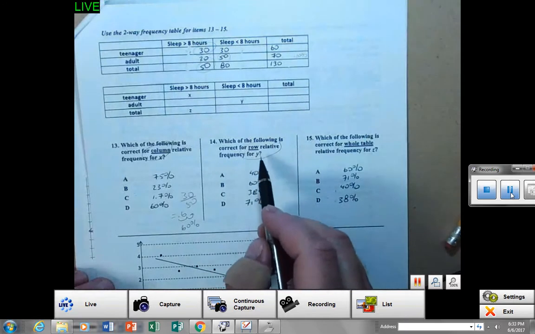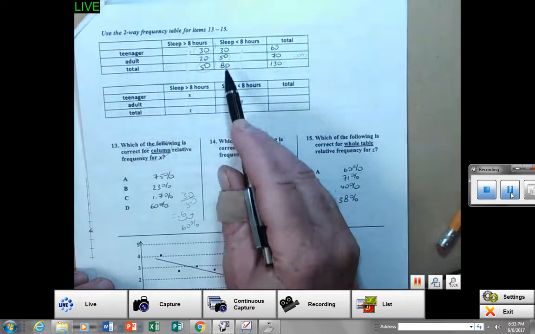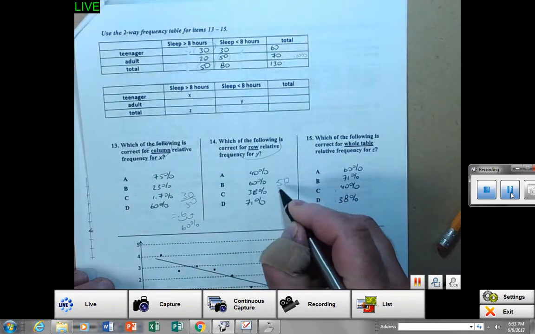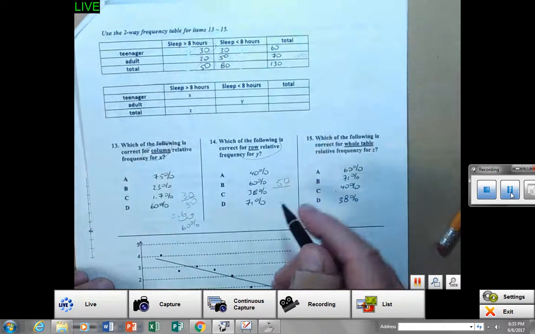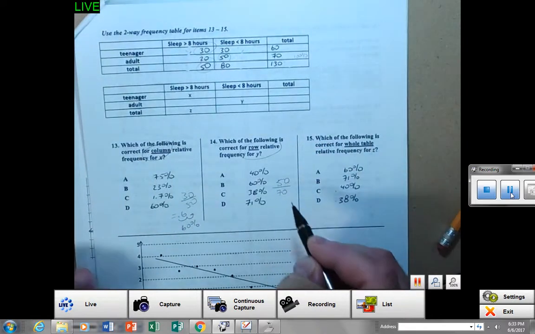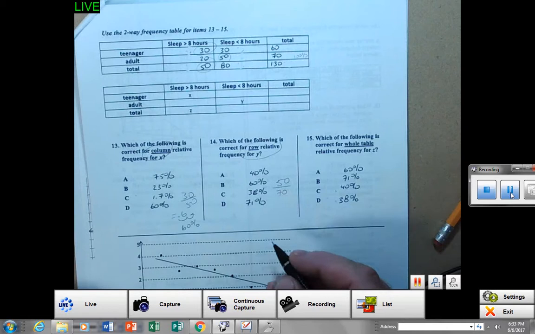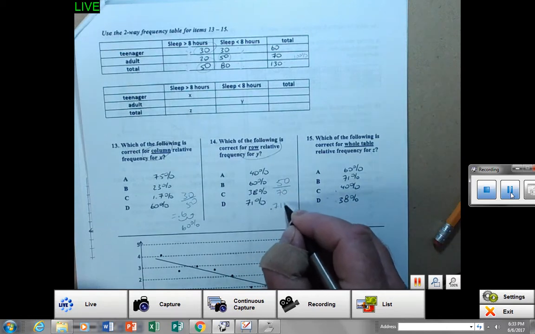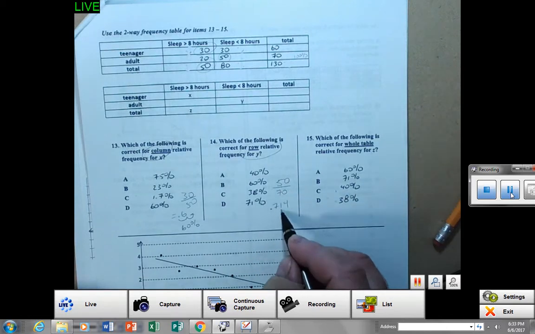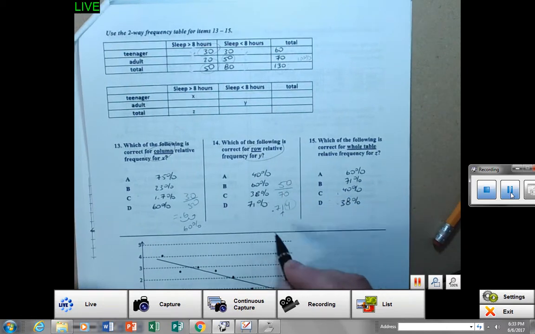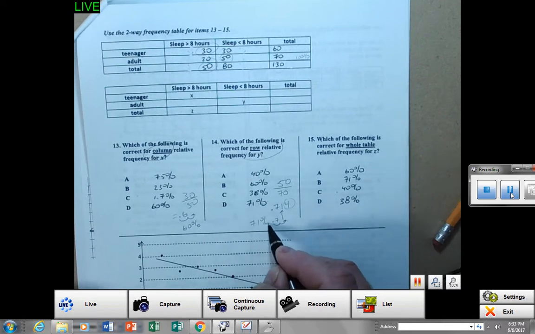But this says y, which is 50, divided by the total of its row, which is 70. 50 divided by 70 gives me 0.714. Rounded to the second place, this number is not big enough to round it up, so 0.71. Move twice to the right, gives me 71%.